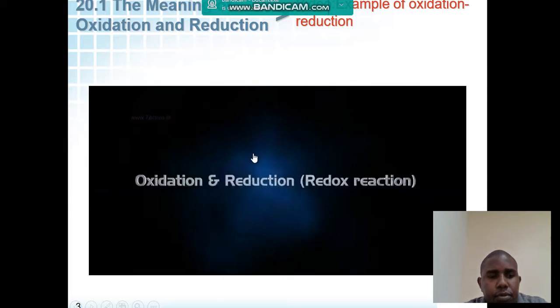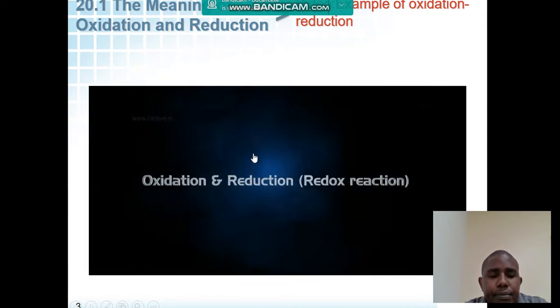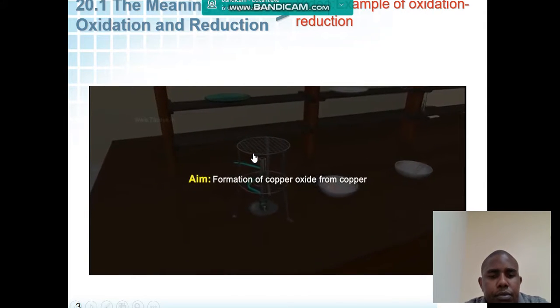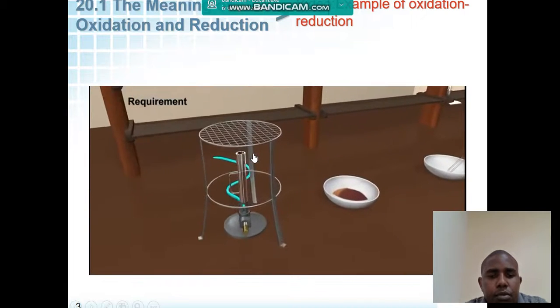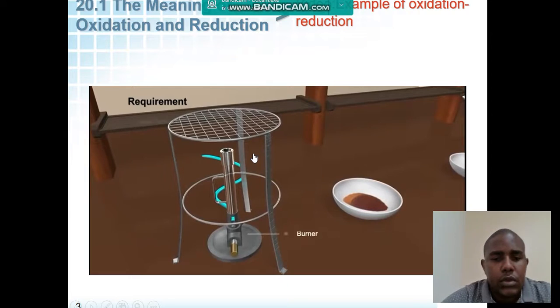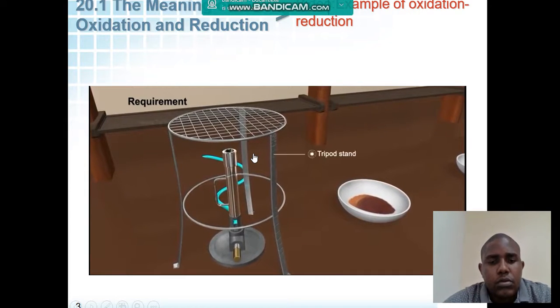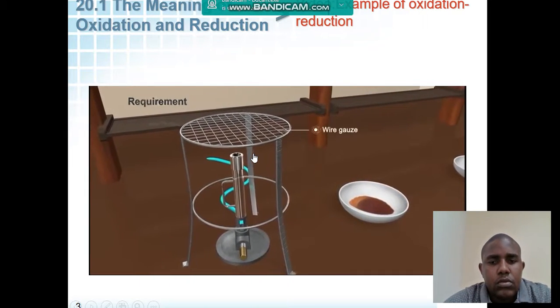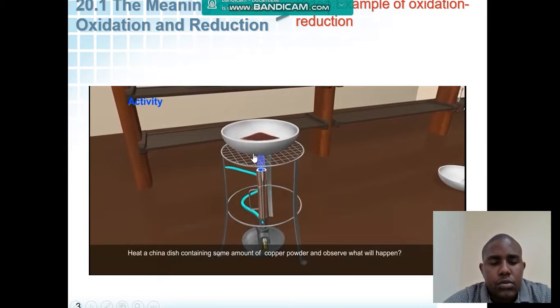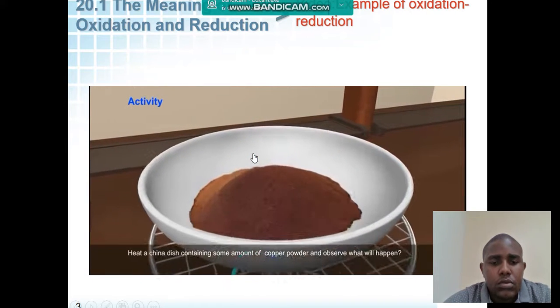Oxidation and reduction, redox reaction. Aim: formation of copper oxide from copper. Requirement: china dish, copper powder, burner, tripod stand and wire gauze. Activity: heat a china dish containing some amount of copper powder and observe what will happen.